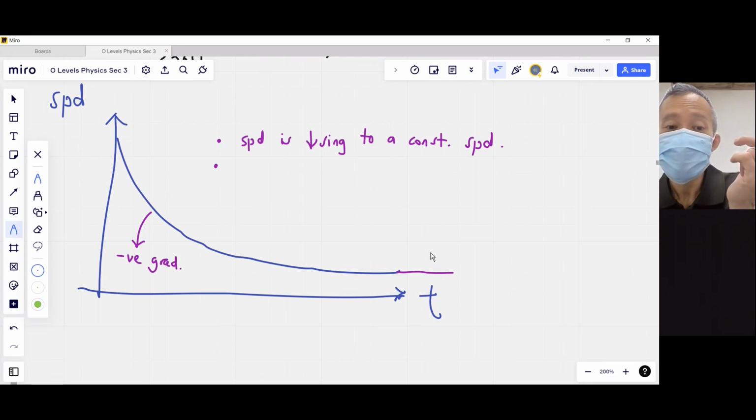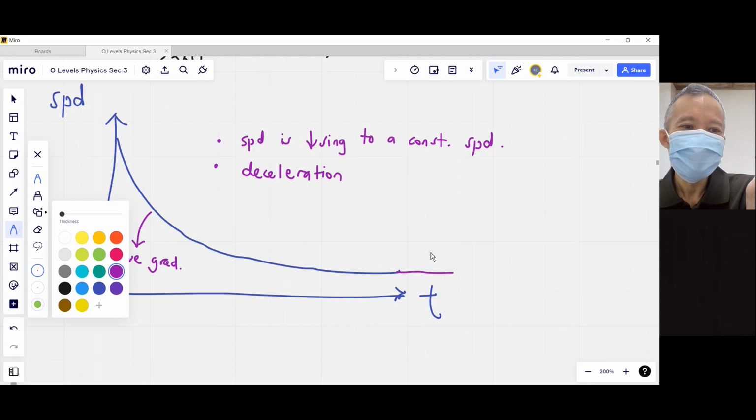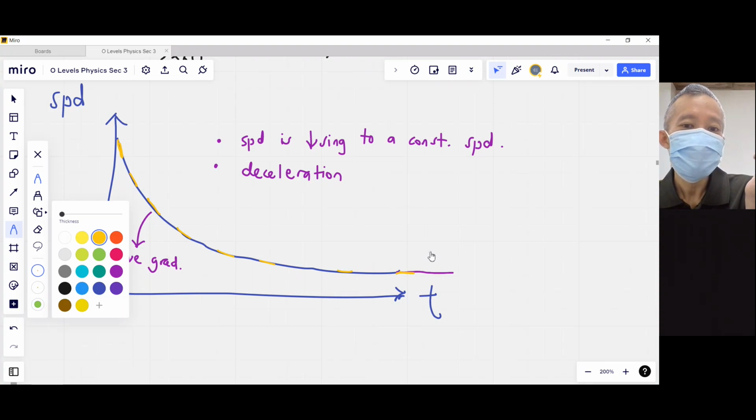Yes, it's decelerating, but is deceleration increasing or decreasing? Look at the slope. What is happening to the slope? Here is very steep, right? Gentle, gentle, gentle, zero slope. So the slope is getting gentle.